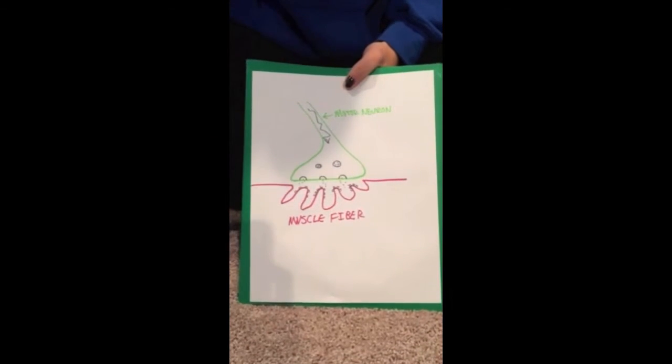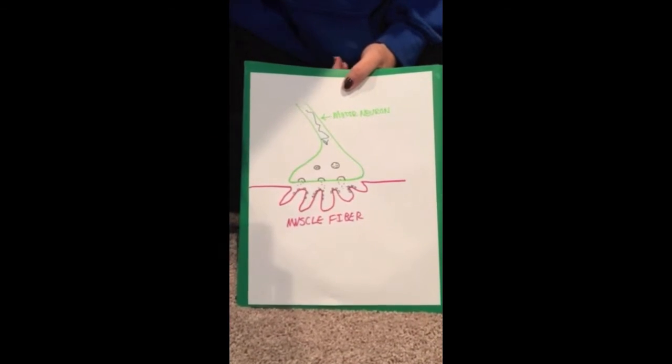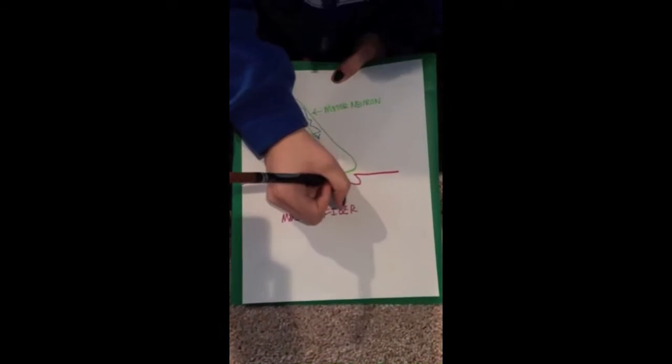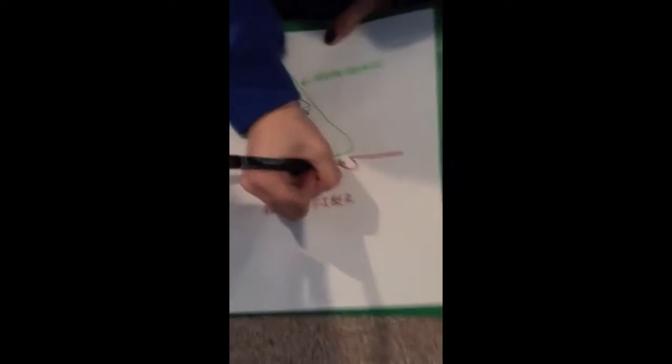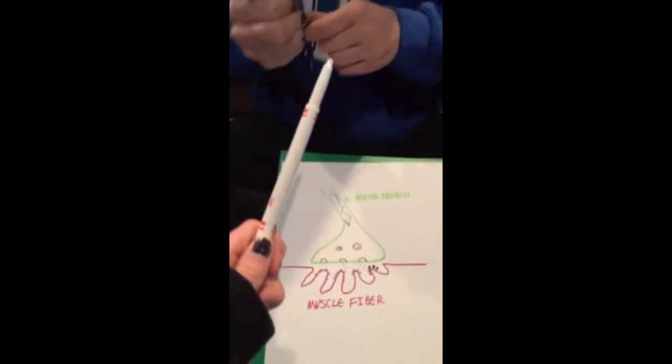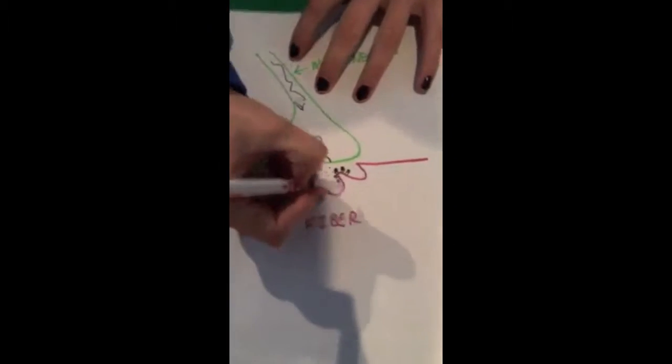Acetylcholine quickly diffuses across the synaptic cleft, where it stimulates ion gate receptors and opens the gate, allowing sodium ions into the cell.